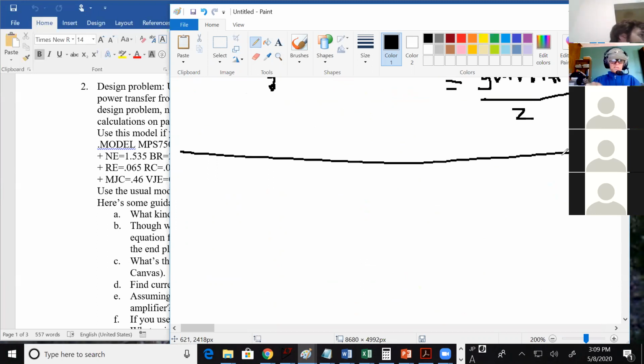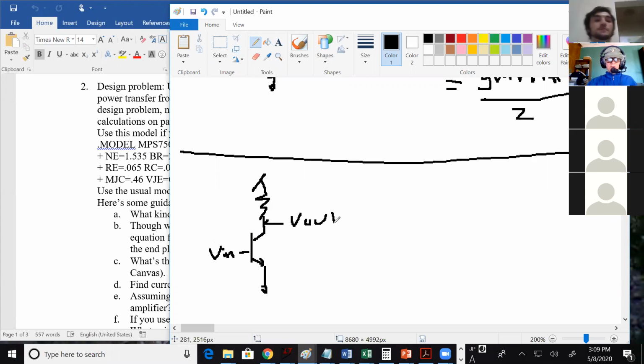So let's see if the pens come back. Nope. All right. So, say a common emitter with passive load. Let me say that a different way.